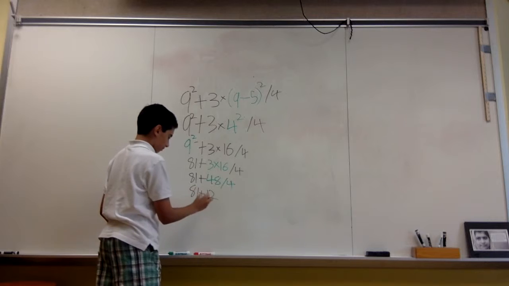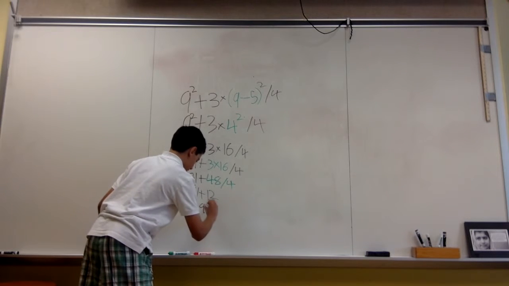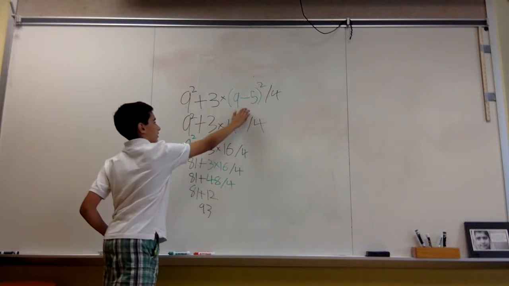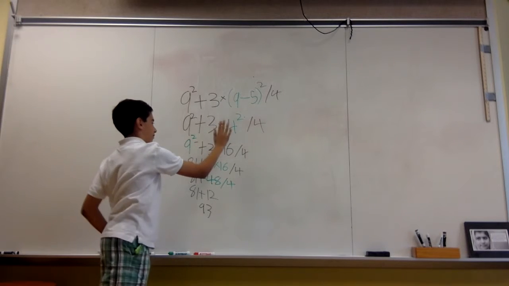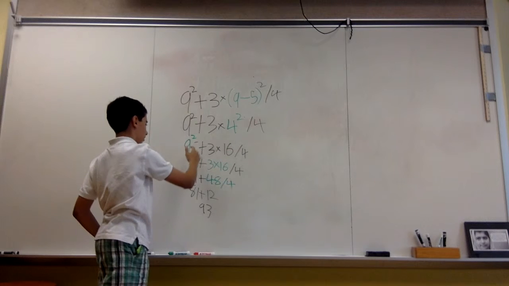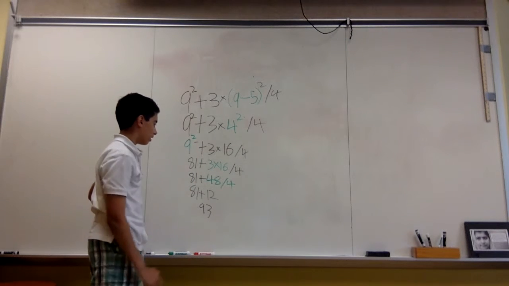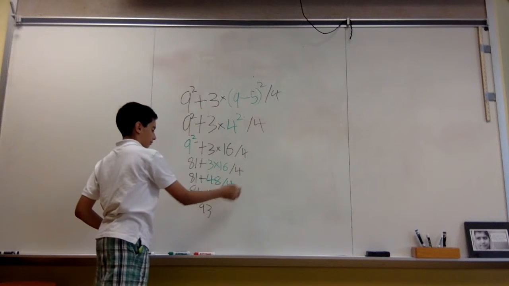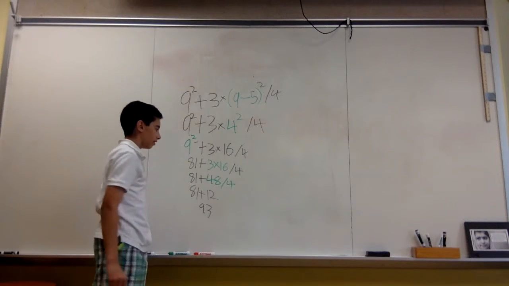And 81 plus 12 equals. And so as you can see, we start out with our parentheses, P, then we move to exponents, E, exponents yet again. And then we move on to multiplication, M, and division, D.